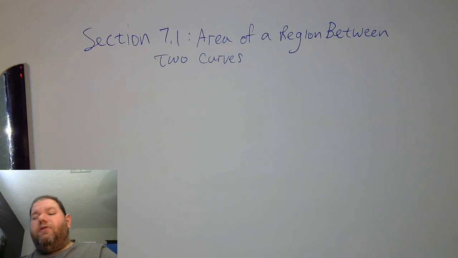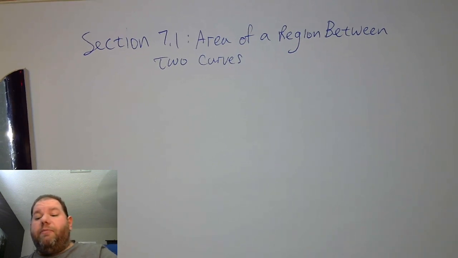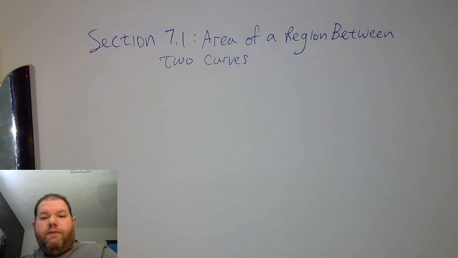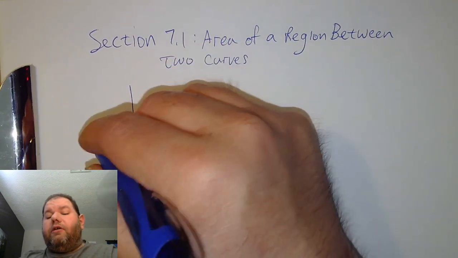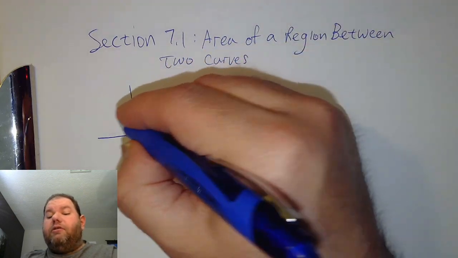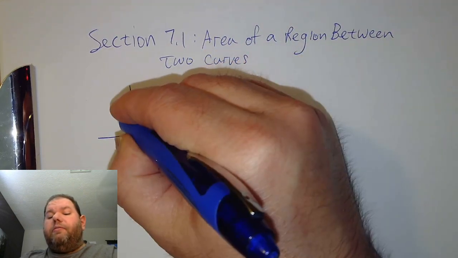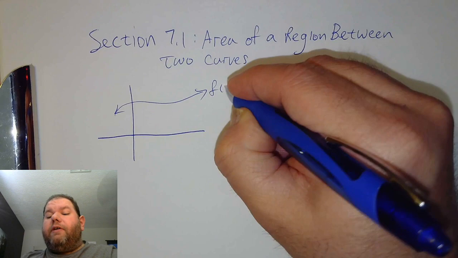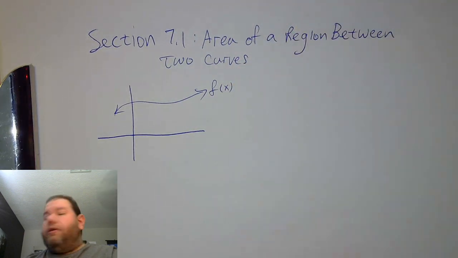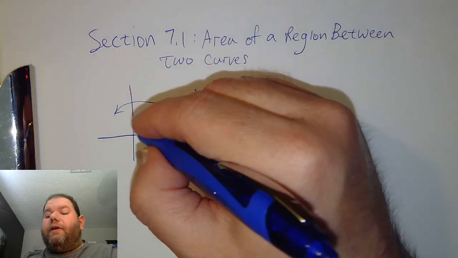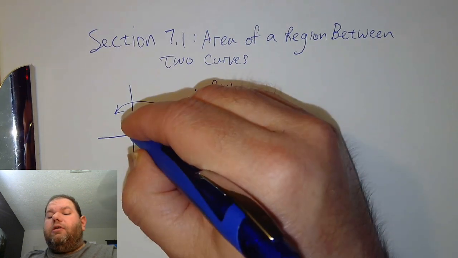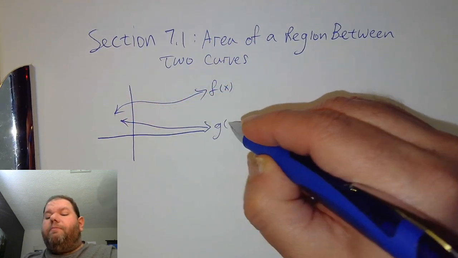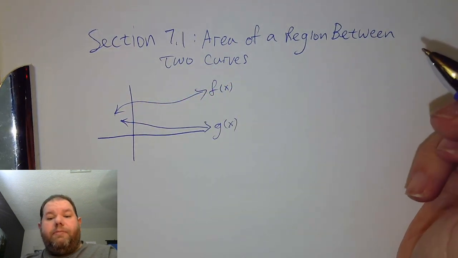Okay, so starting off looking at the area between two curves, the idea here is that we have some region. Maybe we have one function f of x that forms one boundary, and a second function g of x that's another boundary.